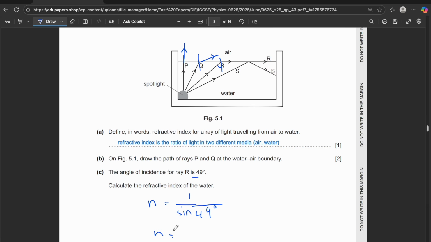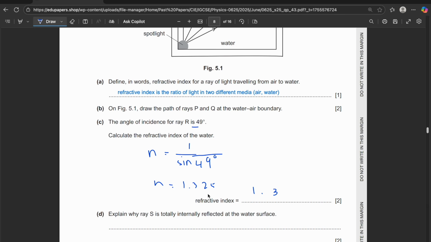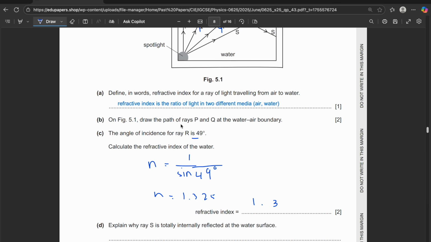So n is equal to 1.325, and so on. You can write 1.3. There is no unit for refractive index because it's just a ratio.